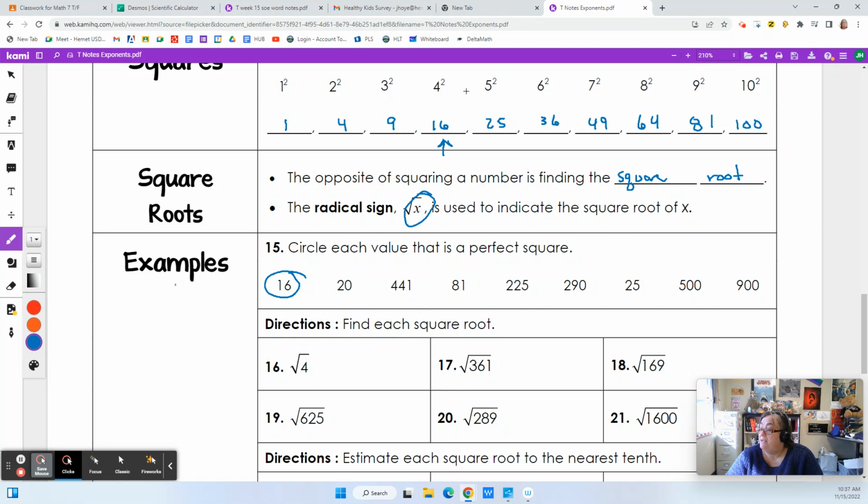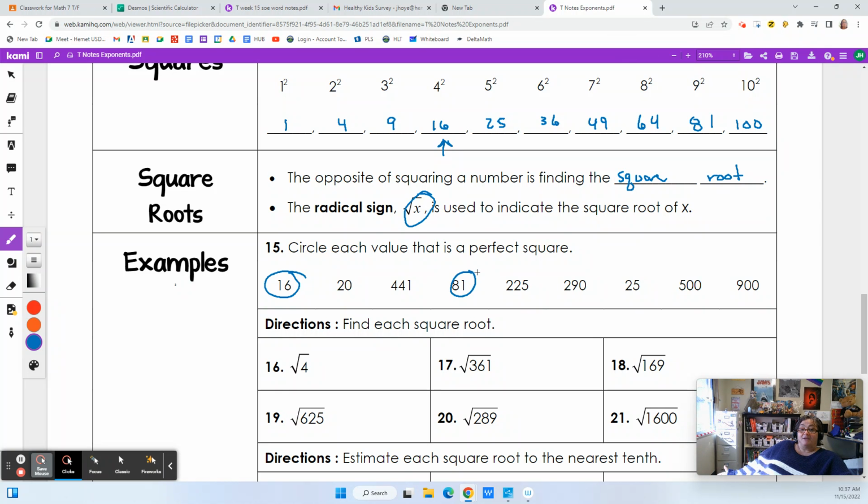Now, it helps to kind of know your math. 81 is absolutely a perfect square because it's 9 times 9, right? So we could go ahead and circle that one right off the bat. Carson's ahead of the game over there. So we know 20 isn't. What about 441? How would we know? I know that 20 times 20 is 400.